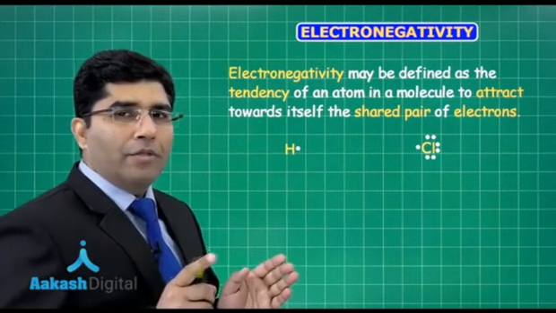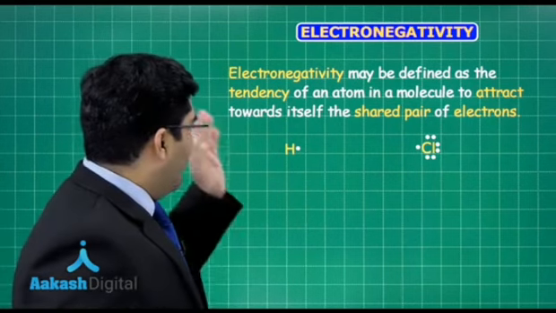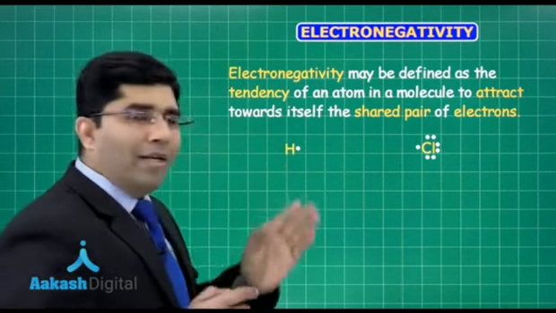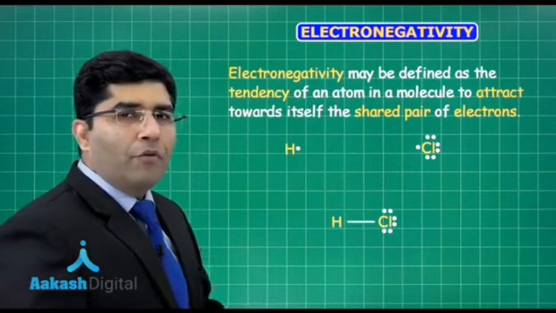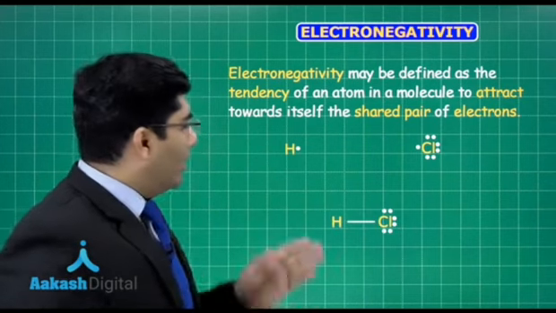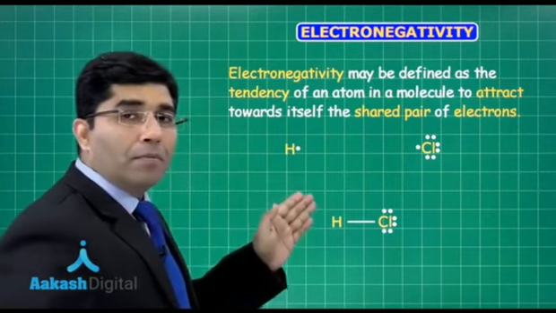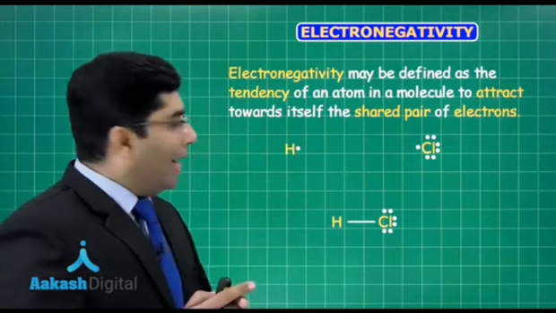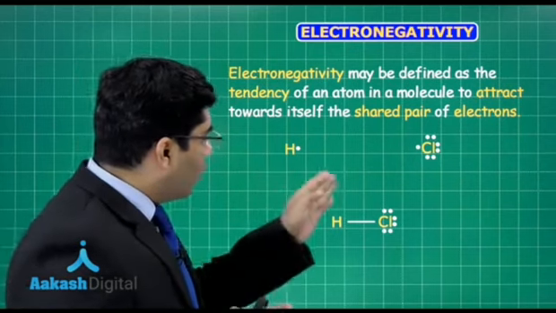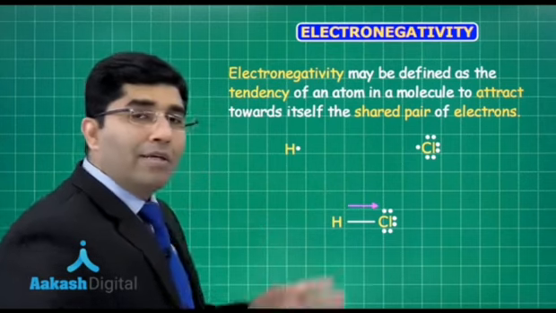So what will they do? Hydrogen is a non-metal, chlorine is also a non-metal, therefore they will share the electrons and form a covalent bond. But it has been noticed that chlorine attracts the electrons from hydrogen and this is called electronegativity.